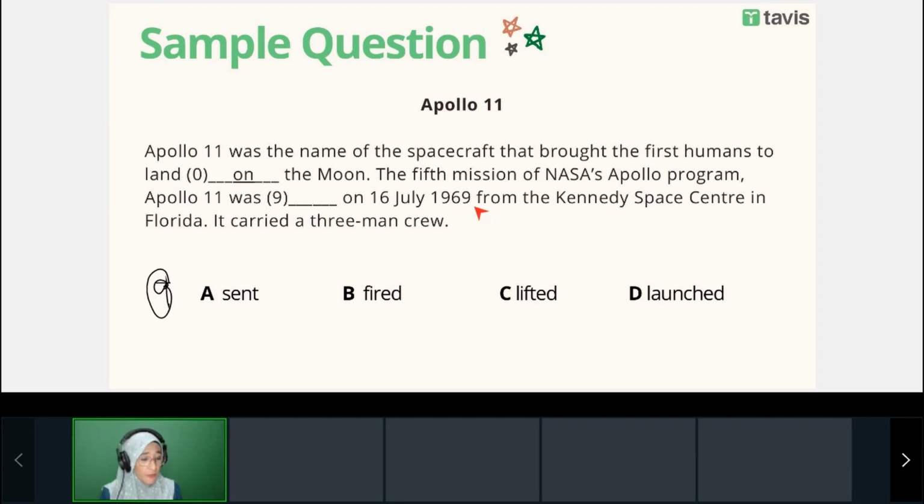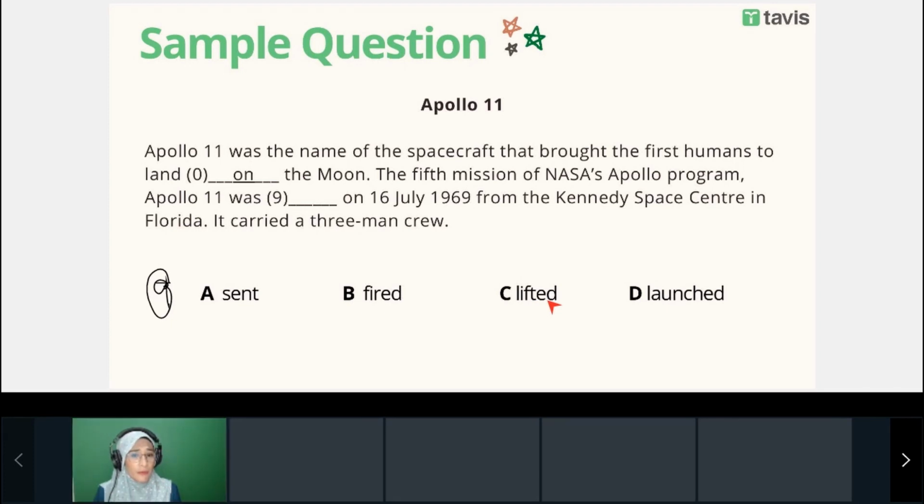Fired? Is it B, fired? The fifth mission of NASA's Apollo program, Apollo 11, was fired. Was it fired? Are you igniting something? Are you using a flame or some heat from the space center? Or is it C, lifted?